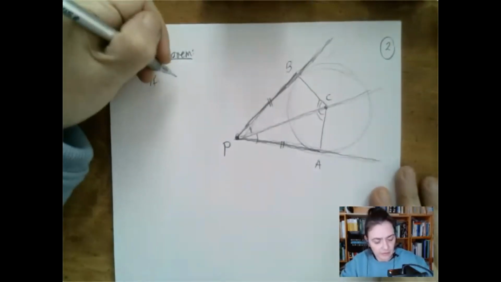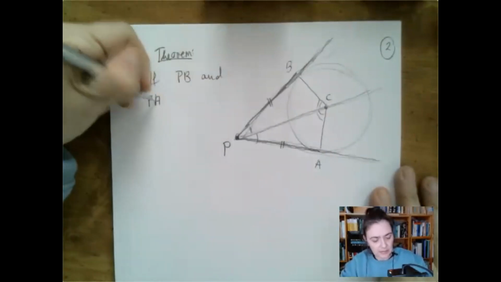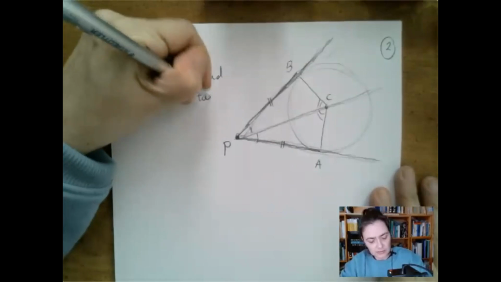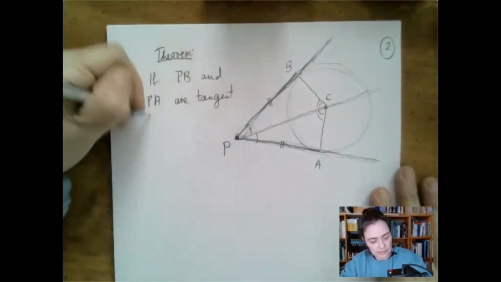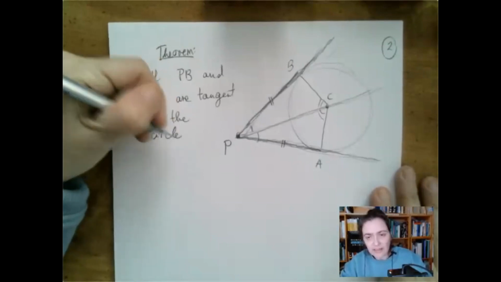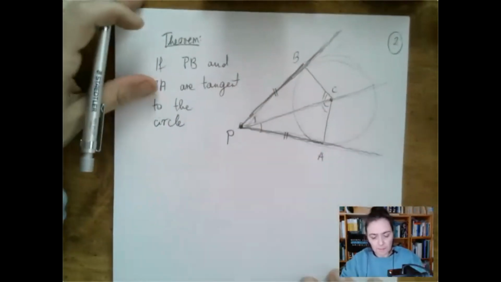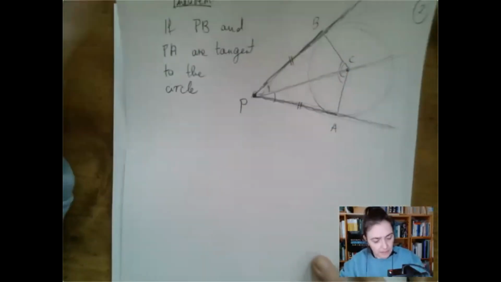If PB and PA are tangent to the circle, then the length of PB equals the length of PA. If you looked at the handout about similar triangles, you have already seen that, because I'll show you why.